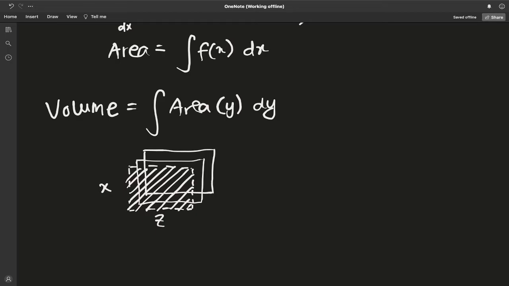So assume this is like some stack here. So basically this is the special case here. The volume is of a cuboid.